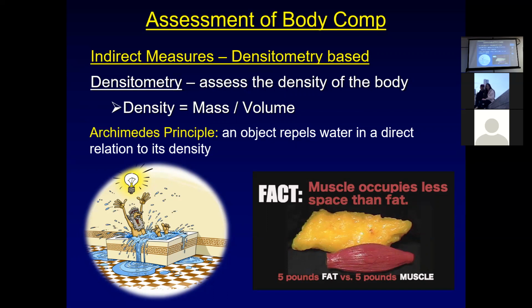And if we know your overall body density, and we know the density of fat, bone, muscle tissue, as well as water, we can fit your density into an equation, and it will roughly tell us, if your overall body density is X, then you are probably some percentage of all three of those things to arrive at your overall body density. Okay?